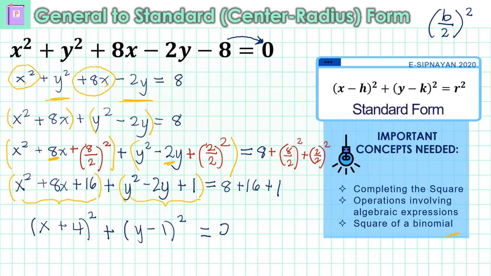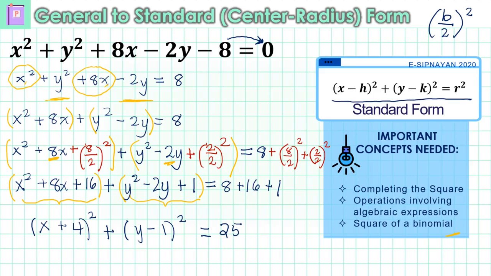The result is 25. And if you notice, by doing all of the steps we did a while ago, we were able to achieve our goal to make it a standard form equation. So if you notice and compare it with the standard form equation here, it is now the same. So we have x minus h squared plus y minus k squared equals r squared.